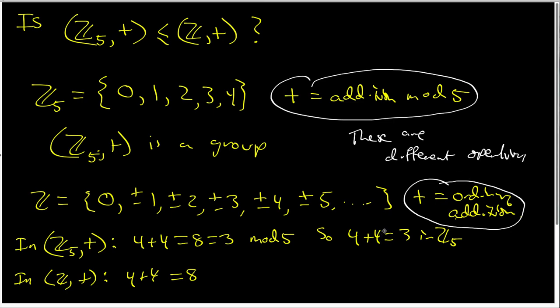And because they're different operations, the answer to this question is no, Z5 is not a subgroup of Z.